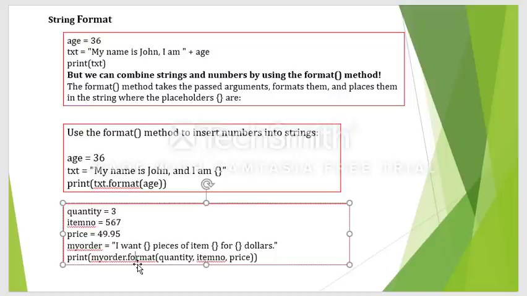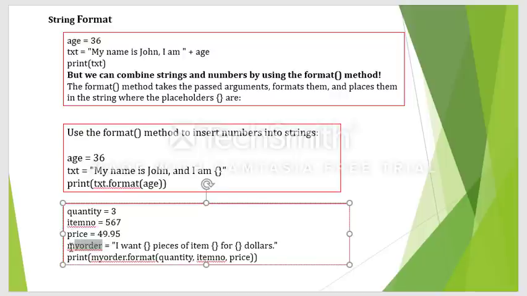Okay, so the basic thing is, I want to get the output as, I want 3 pieces of item 567 for $49.95. That is the output I need to get. So to get that output, wherever the values are required, these are integer values and float values.